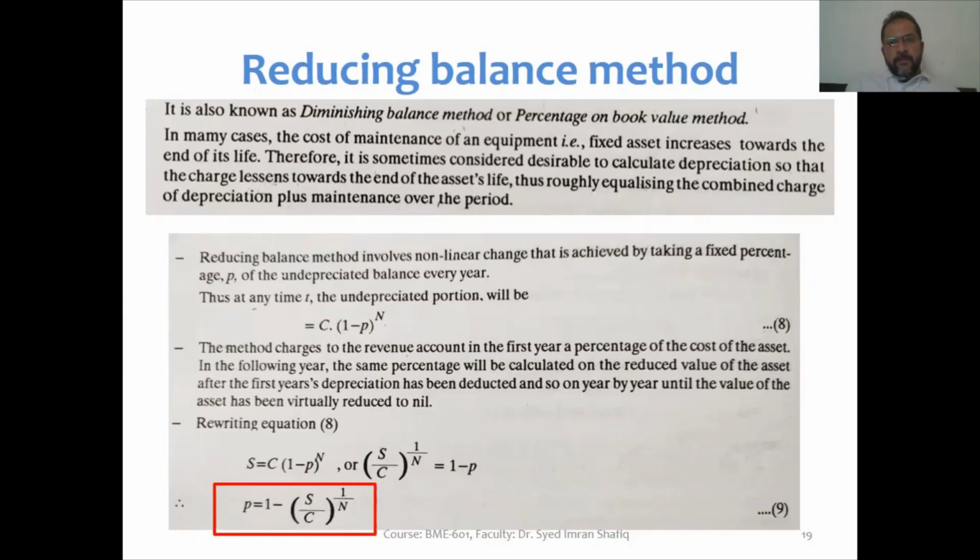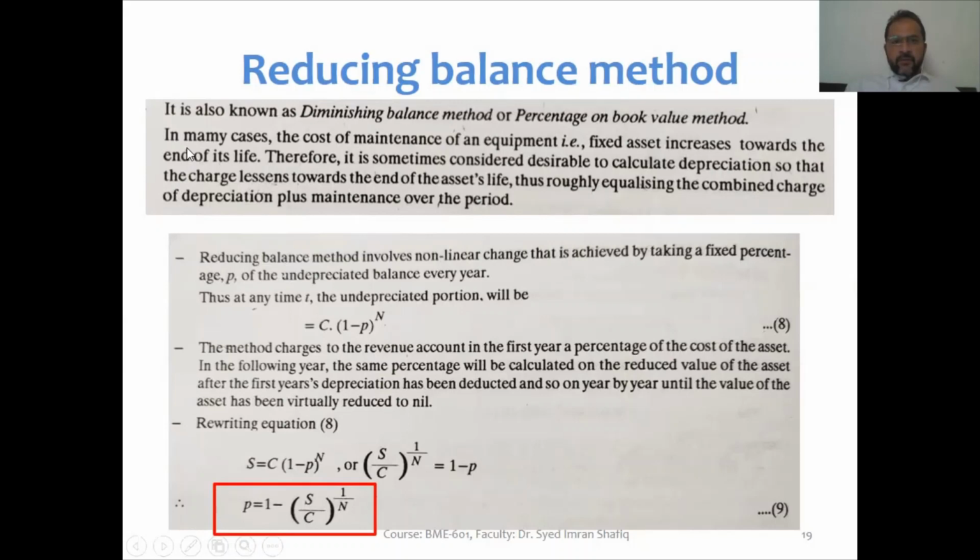Every year the depreciation will be fixed. But in the reducing balance method, it is not fixed, but is based on a certain percentage of the book value of the asset.